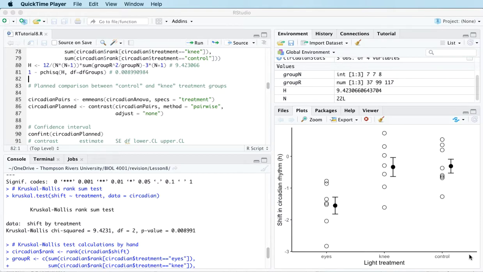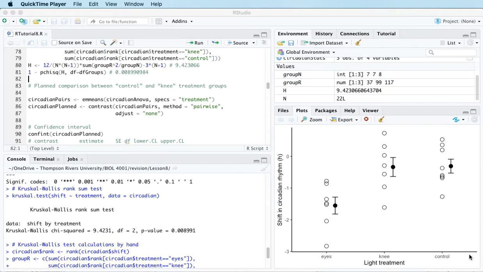Then you do have to worry about multiple comparisons, and that type of comparison is called an unplanned comparison. We'll talk about that in the next video. So, to go back to planned comparisons, that's what I'll talk about for the remainder of this video.